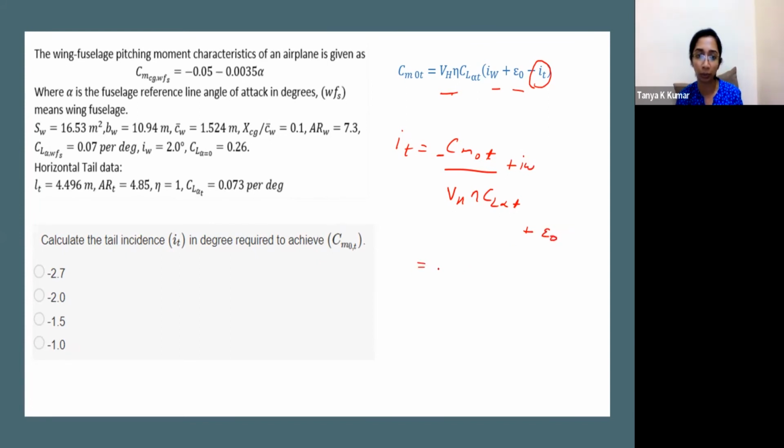Can you calculate this value? Is this equation correct for IT? Can somebody verify if the equation is correct for tail setting angle? Is it minus? No, it will be plus. So it's correct, right? What is the value of IT from this equation? Minus 2.7, is that right? Yeah, okay, minus 2.7.